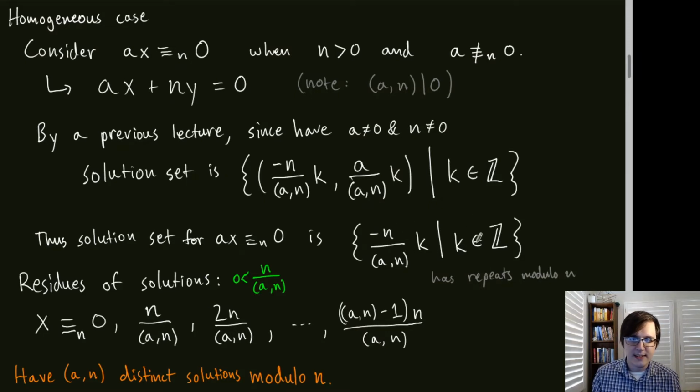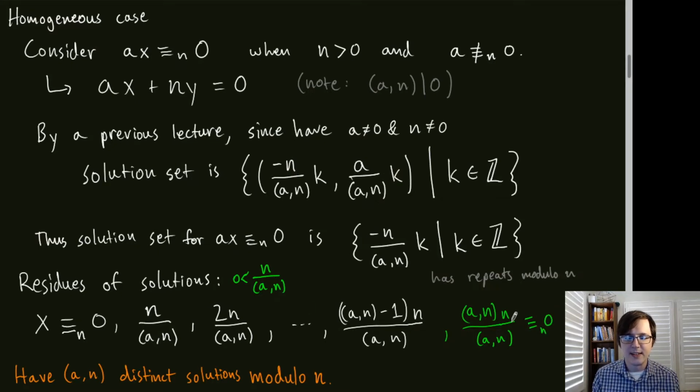One thing to notice is that if we take only negative integers, and also 0, then we're going to get non-negative integers from the set. And also, if we start taking them, so this is k equals 0, k equals minus 1, k equals minus 2, once we get up to k equals the GCD of a and n, that would be times n over the GCD of a and n, this one is congruent to 0 modulo n.